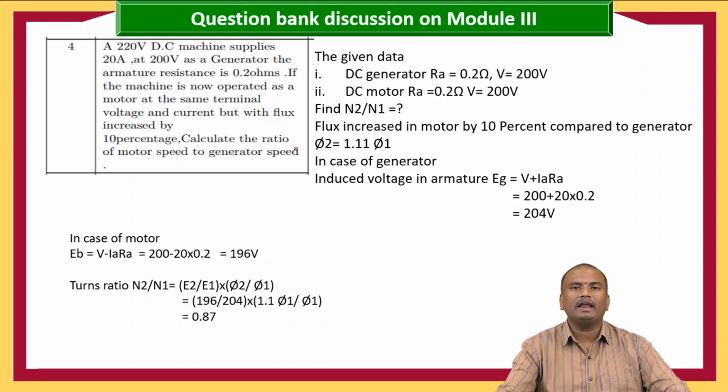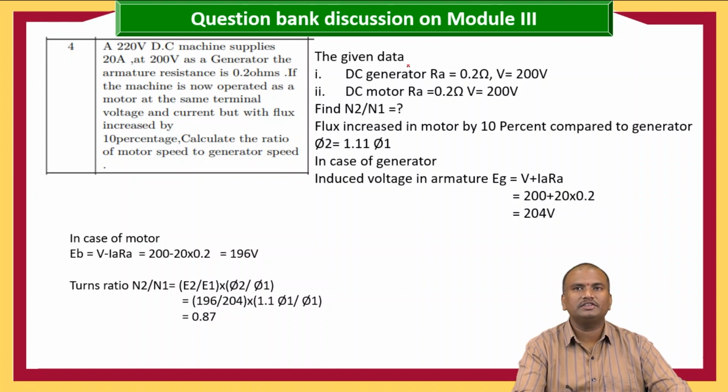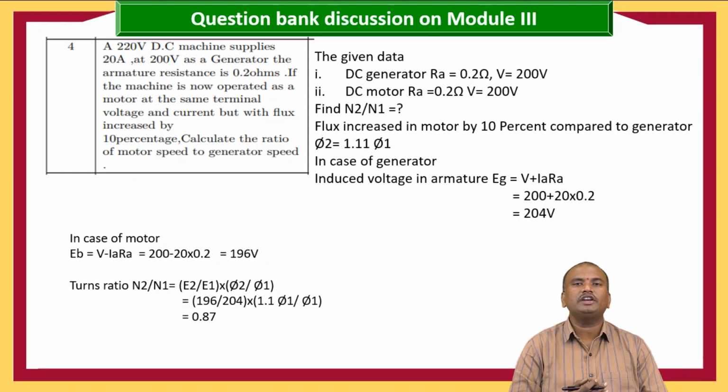So here we need to calculate the motor speed to the generator speed ratio, that is N2 by N1. The data given: DC generator armature resistance is 0.2 ohms, voltage is 200 volts, because these two values are the same for the motor and generator, because the same machine can work as a motor and generator in the case of a DC machine.